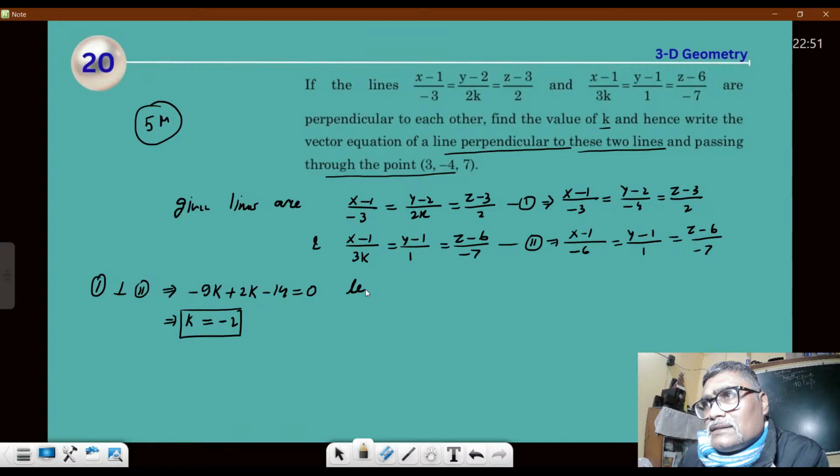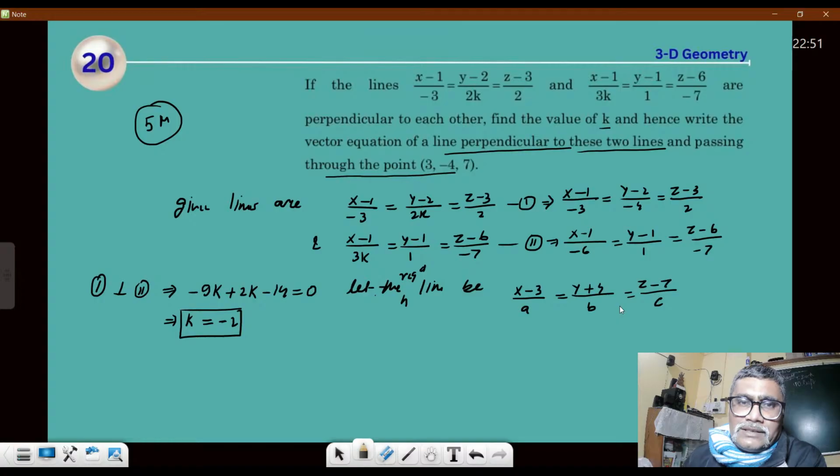Let the required line be passing through this point, so I can directly write x minus 3. I don't know the direction ratios, so I have written them as a, b, and c, right? So this is my required line, and this line is perpendicular to both 1 and 2.